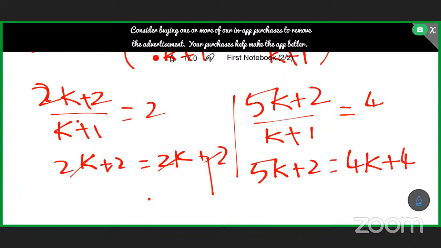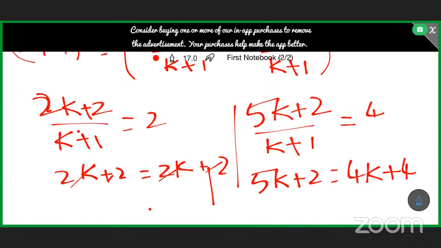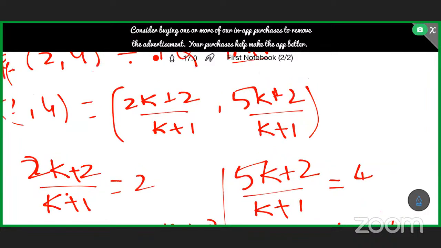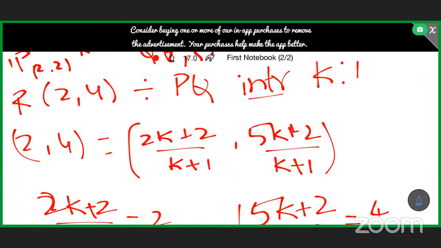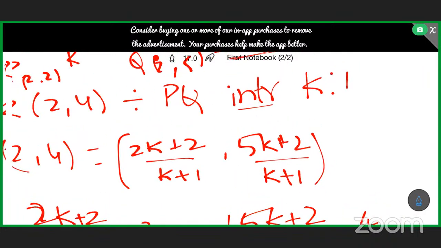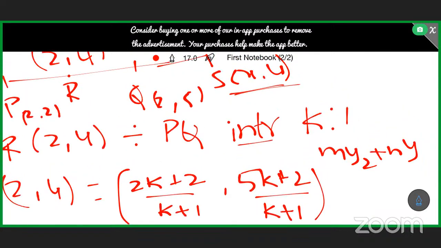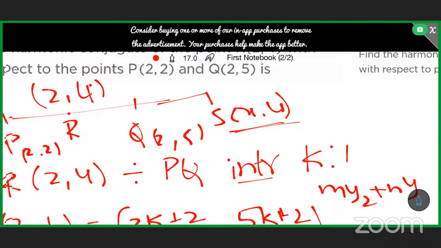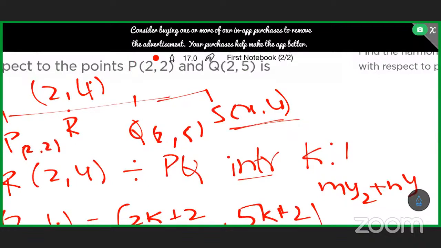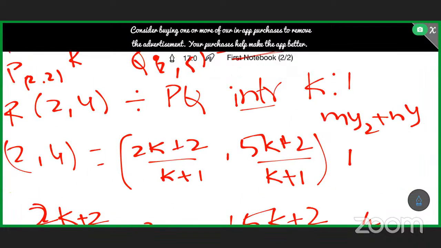Sir, 5k plus 4? How come? No, my2 is m into y2 plus n into y1.